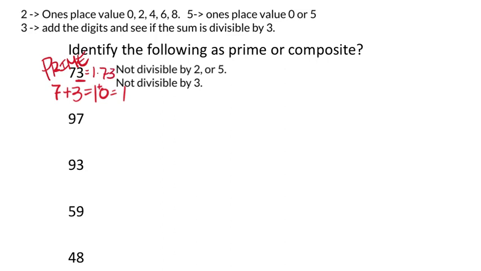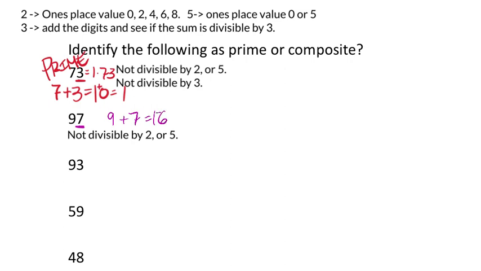All right, now let's go to 97. So 97, again, in my ones place value is a 7. So right off the bat, I know that 97 is not divisible by 2 or 5. Okay, but is it divisible by 3? Well, if it is, then I should be able to take those two numbers, 9 and 7, and add them together, and it should be a number that is divisible by 3.